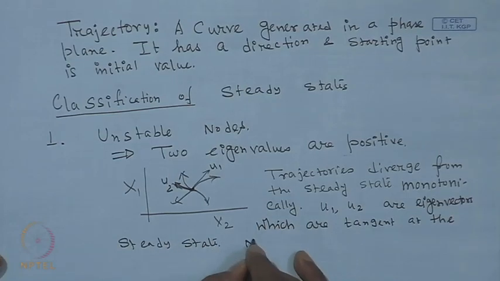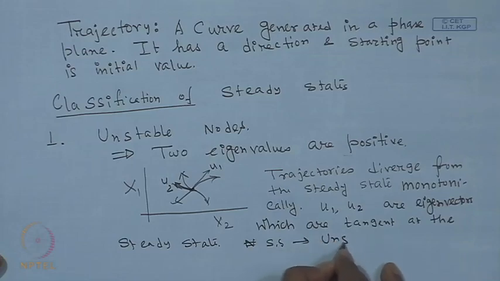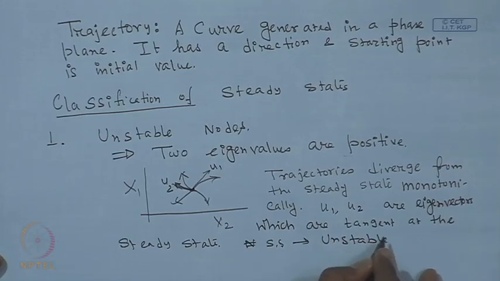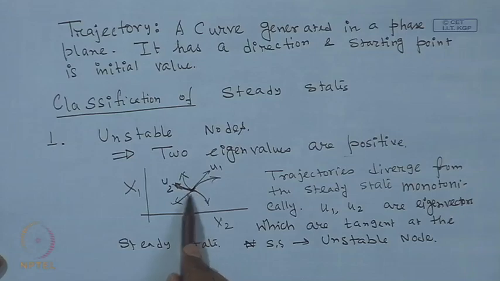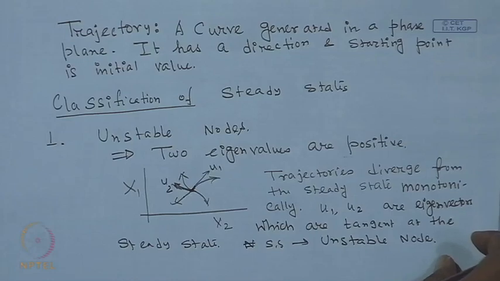Such a kind of node or steady state is called an unstable node. Because of the presence of an unstable node, any state around this point will diverge from this steady state.